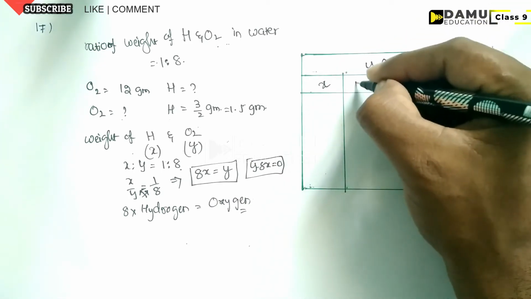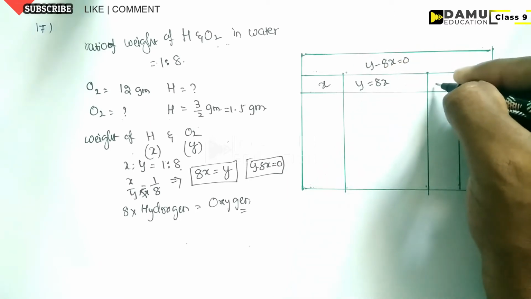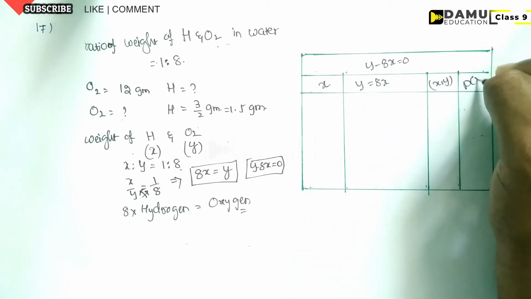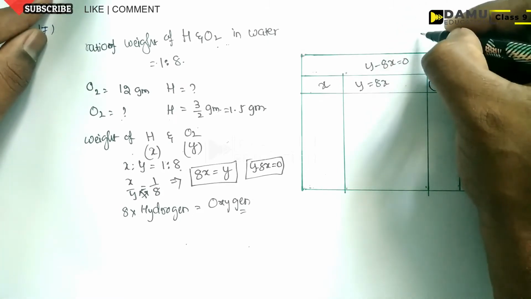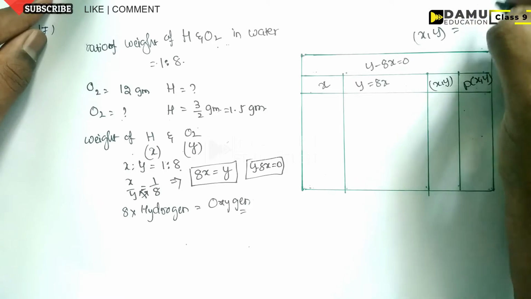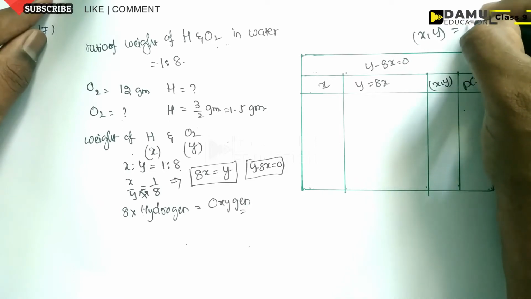So y is equal to 8x, then the point x comma y. Here hydrogen and oxygen.